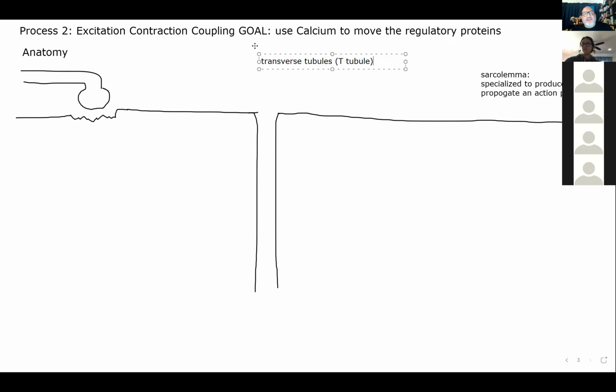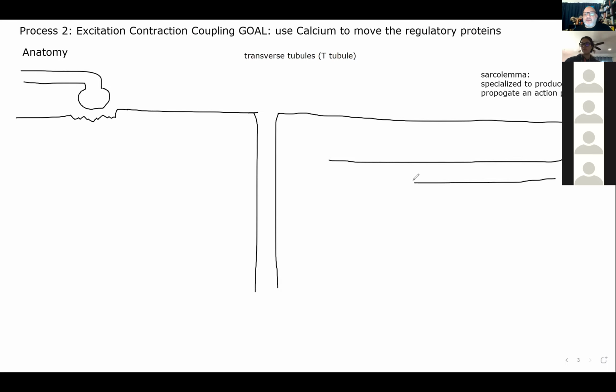All right, we have that transverse tubule. We also know that that transverse tubule is going to be associated with, speaking of the sarcoplasmic reticulum, the sarcoplasmic reticulum. It's like a mesh-like structure, remember, but I'm going to just draw it. Oh, I'm going to cheat. Hold on. Let's draw a little bit like that more, expand it out a little bit.